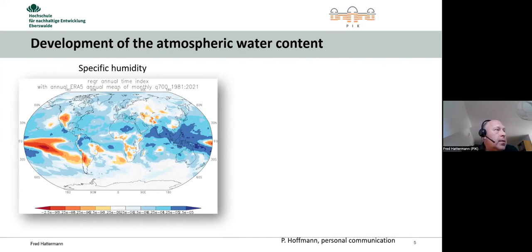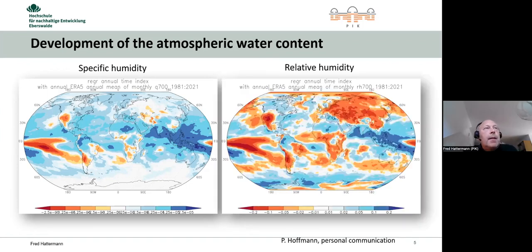And what you see in bluish colors is an increase in specific humidity, the water which is in the atmosphere. However, when you are looking at the relative humidity, this is a function of temperature. The temperature has increased, as I told you before, global warming. And there you see that the relative humidity decreased, and especially over continents again.